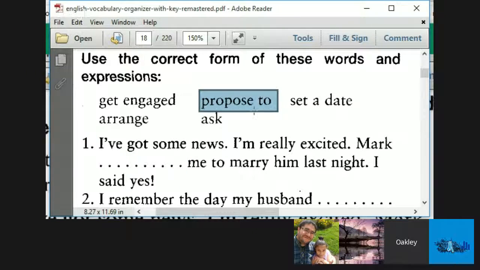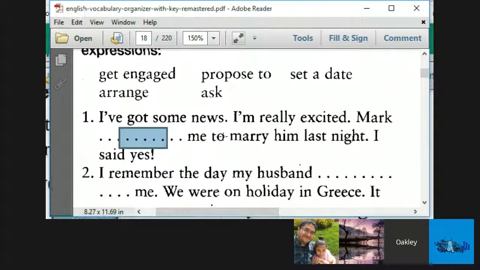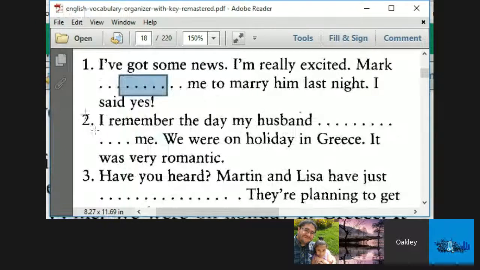It would be kind of awkward to say proposed me to marry him. Exactly. It's kind of redundant because we know propose means ask to marry. Right. Very good. Be aware that you might have to concern yourself with verb tense. Good job. All right. Past tense. You got it. Mark asked me to marry him last night. Oh, I said yes. So great. Woo! Okay, continuing. Sam, number two.